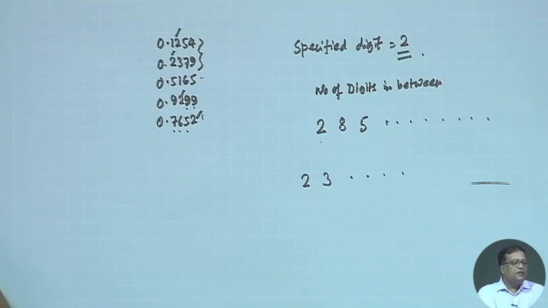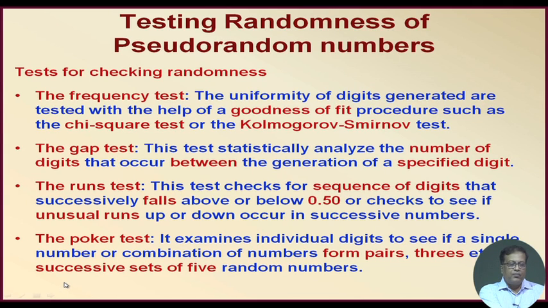The fourth test is called the poker test. The poker test examines individual digits to see if a single number or combination of numbers form pairs, threes, etc., in successive sets of 5 random numbers.